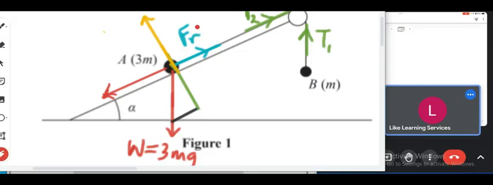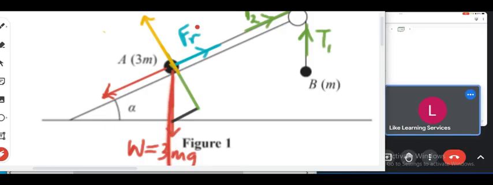All right, I wanted to show you. Are you listening? This weight acting downwards is not in the direction of the motion. It's neither parallel to it nor perpendicular to it. The direction of the motion is parallel to the plane. So this weight needs to be resolved into two components.